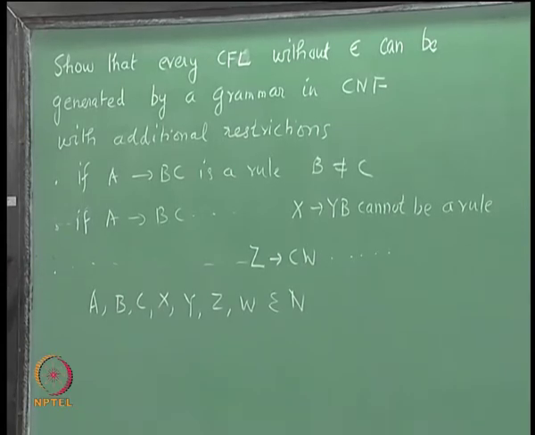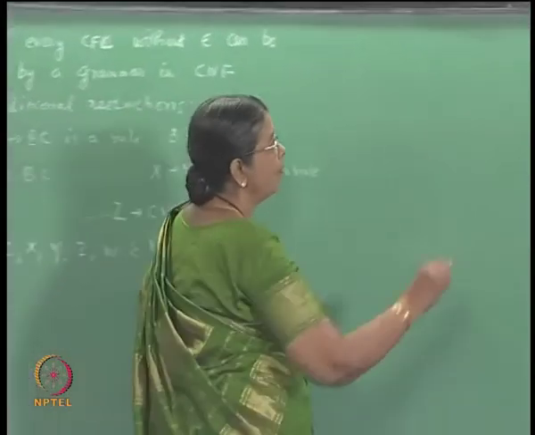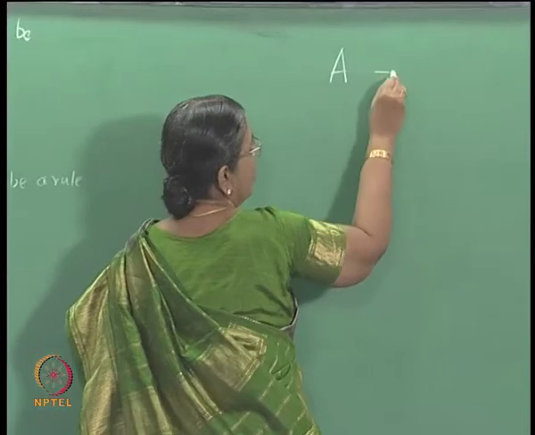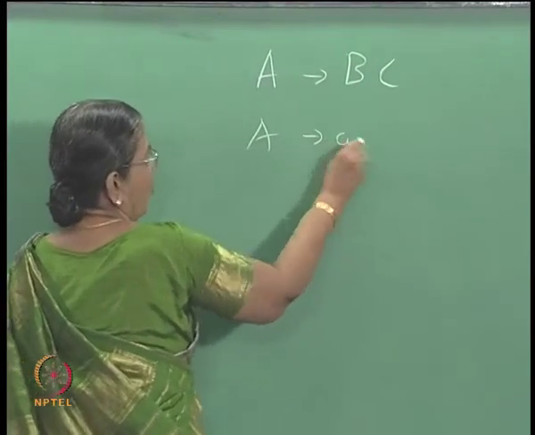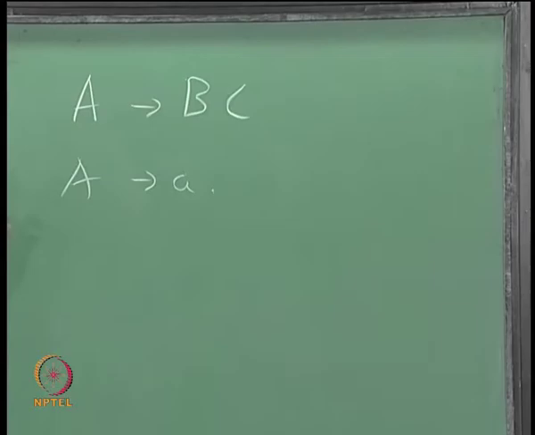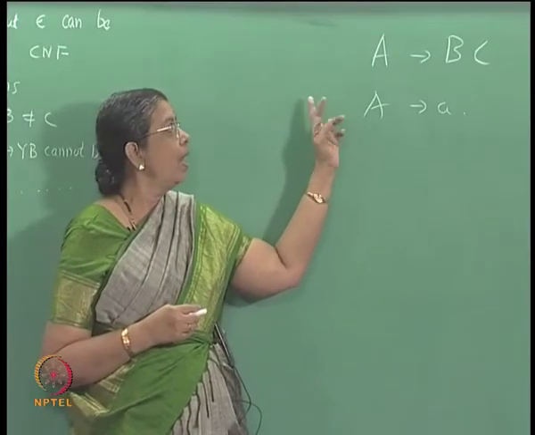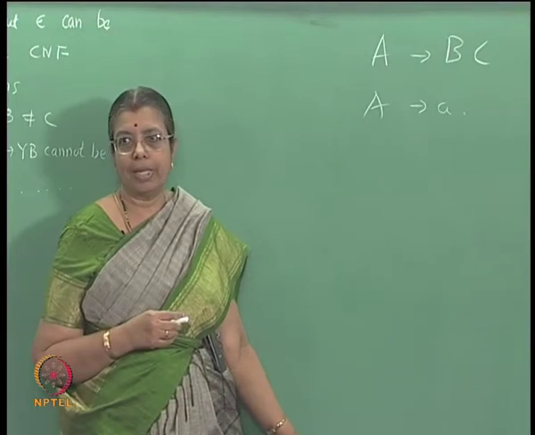That is, a context free grammar is in Chomsky normal form if the rules are of this form or of this form. That is, on the left hand side you have a single non-terminal, on the right hand side you have two non-terminals or a single terminal.